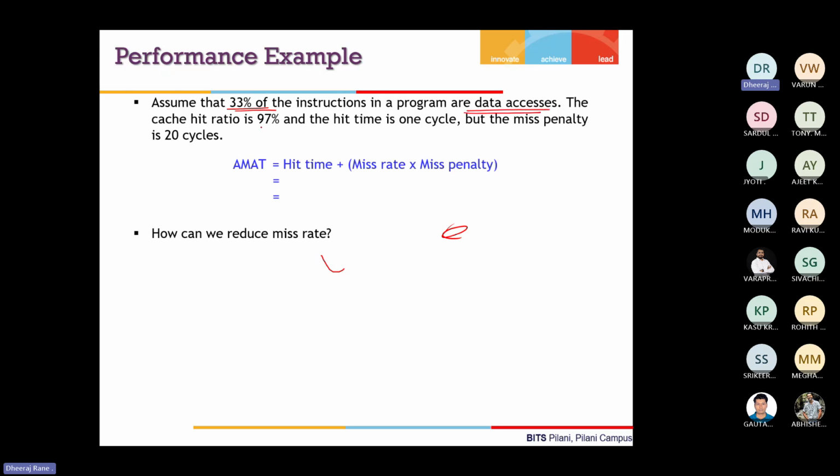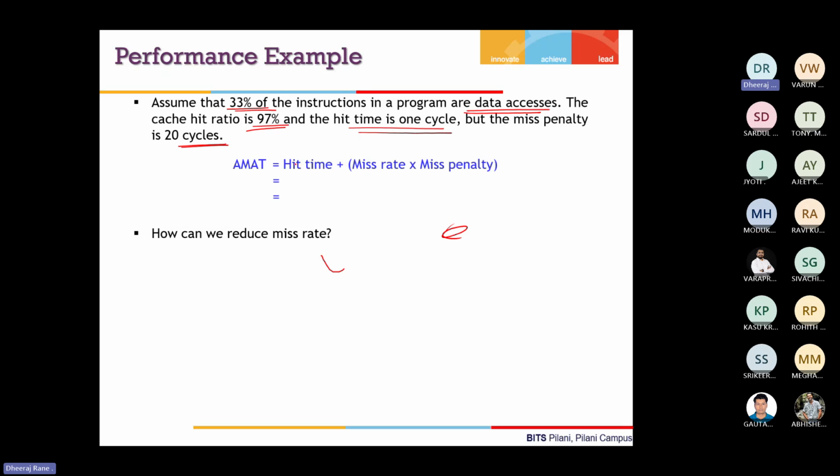The cache hit ratio is 97%, the hit time is 1 cycle, and the miss penalty is 20 cycles. So what exactly will be the average memory access time?